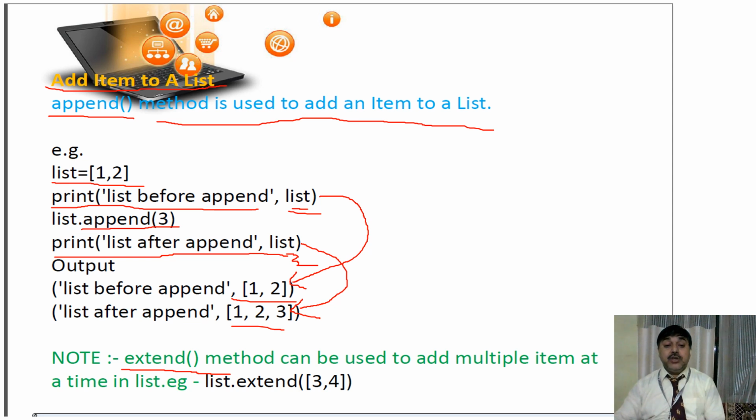With list extend, you can add as many values as you want to a list. See here I have given 3 and 4, 5, 6, 7, 8, 9, 10. Suppose you want to add that many values to an existing list. Obviously you can do this. This is how the append function and the extend function work.